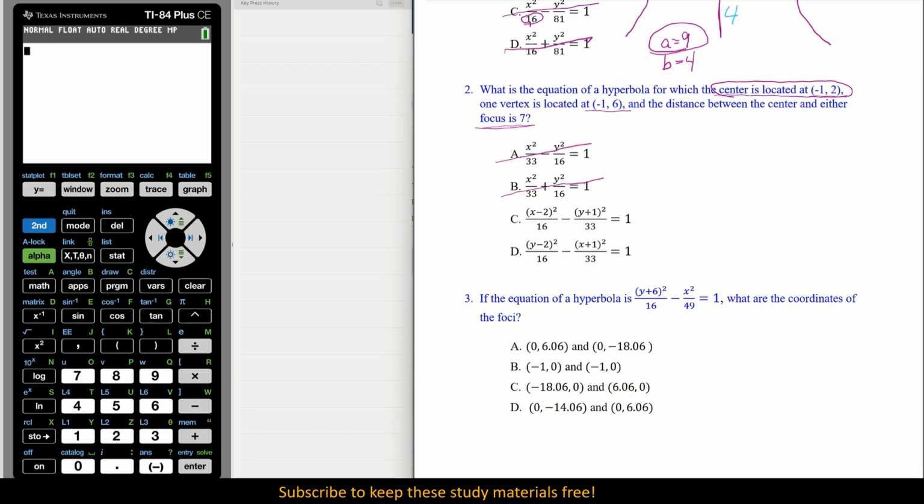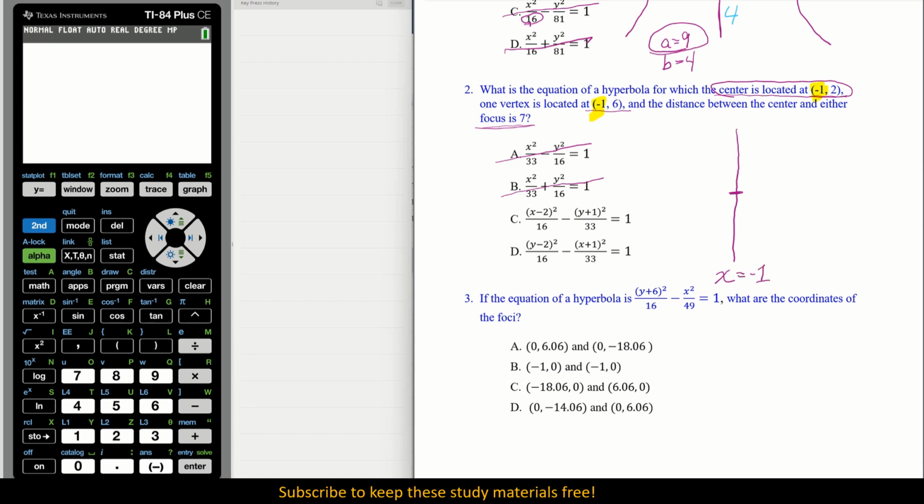Okay, and then I know that because I have -1 here and -1 here, they're the same, that my line of transverse, that's my major axis, must be on x equals -1.